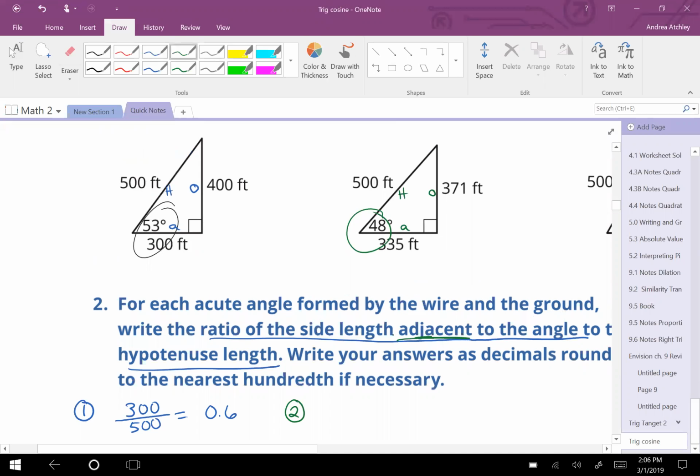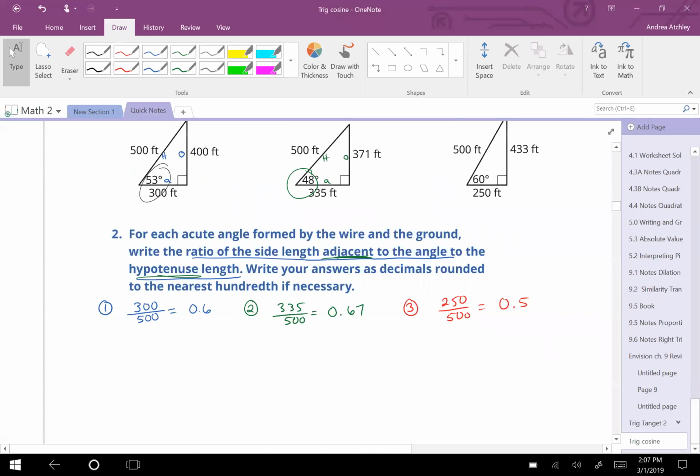Okay, and then what happens to this ratio as the angles get larger? You guys write down what you notice as the angles get larger. What happens to your ratio? Does the ratio increase as the angles get smaller? No, they went up and then they went back down. Well, which one's the smallest angle?